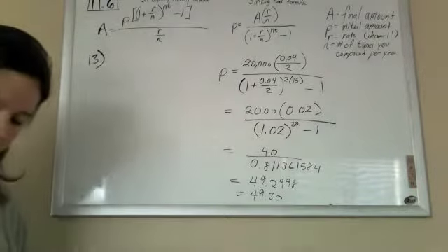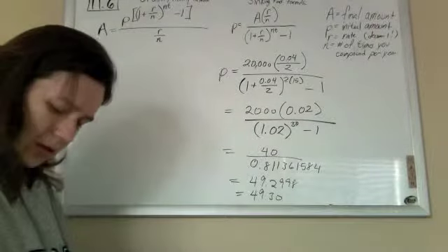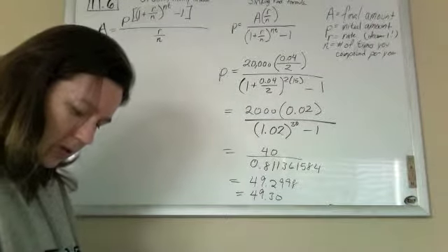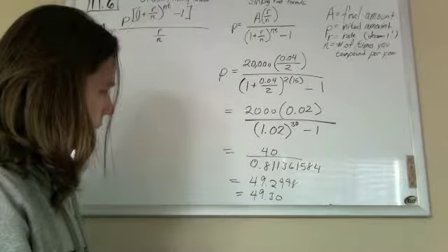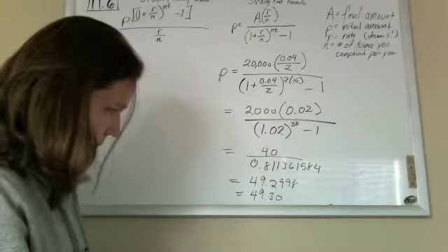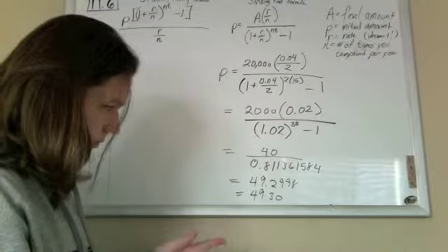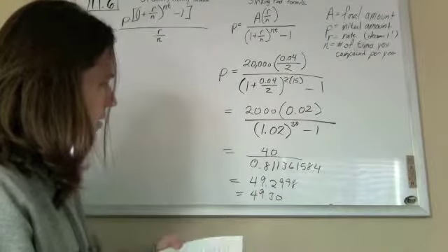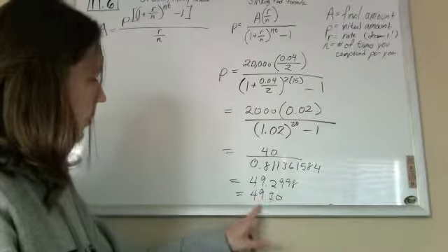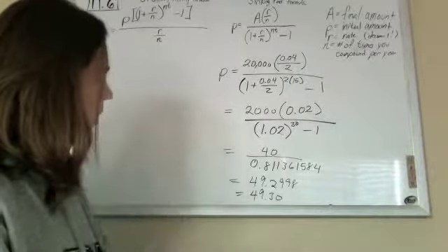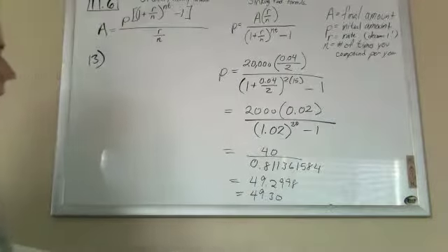Huh. They have exactly $493. I'm off by a decimal. That should be 493, not 49.3. Where did I mess up? Ah, right here.